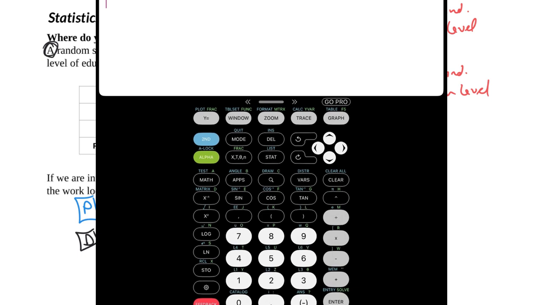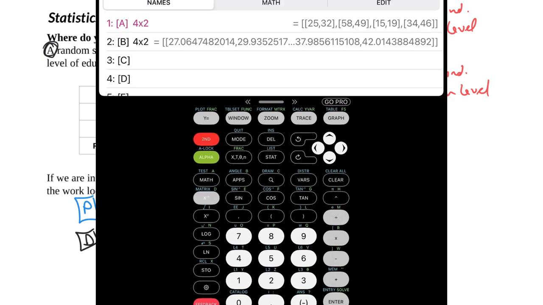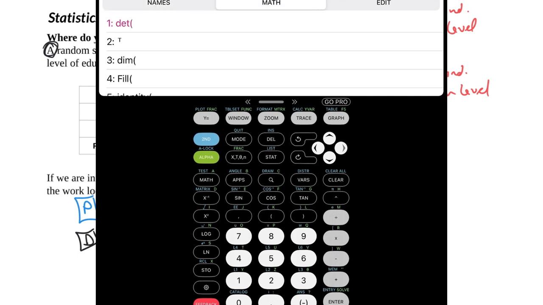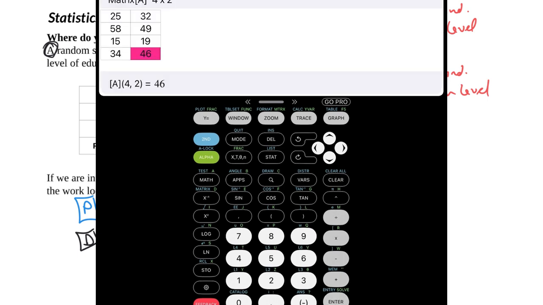All right, so we're going to put our information in our matrix. I'm going to press second, and the matrix button on my calculator is right there. You can see I've already used my matrices. Maybe you haven't, but I'm going to go over here to edit, and I'm going to put my information in matrix A. On our data, we had 3 rows and 3 columns.